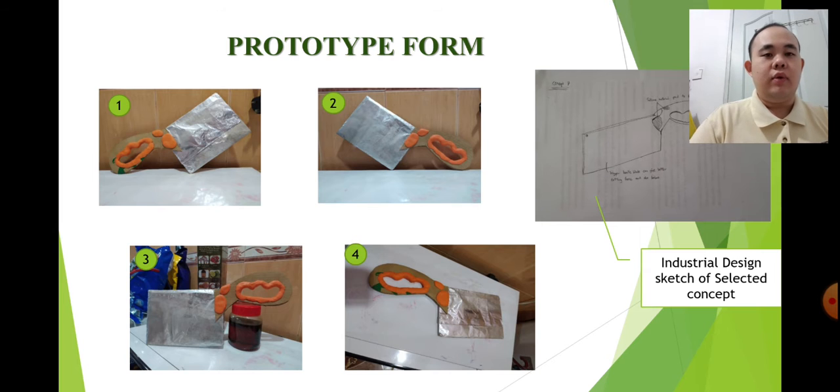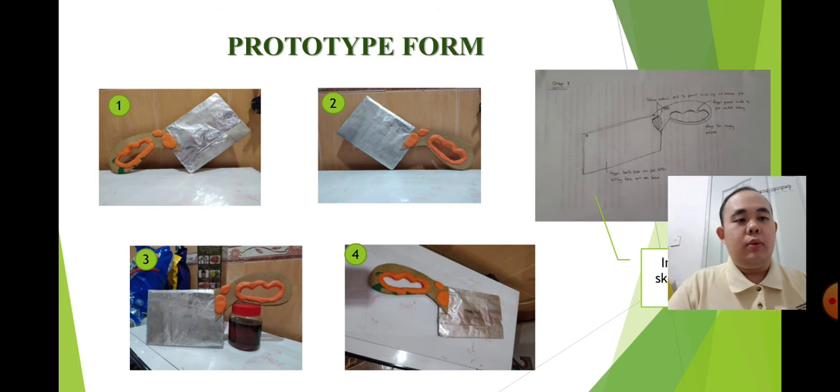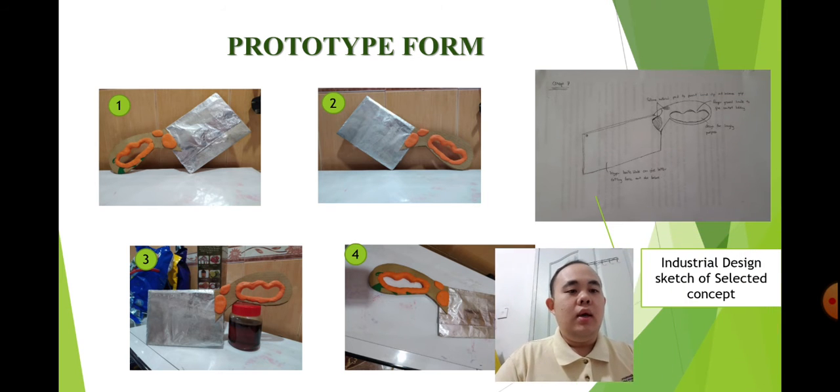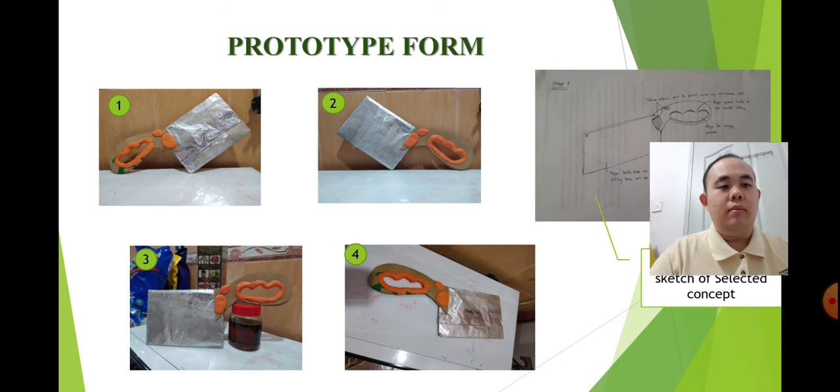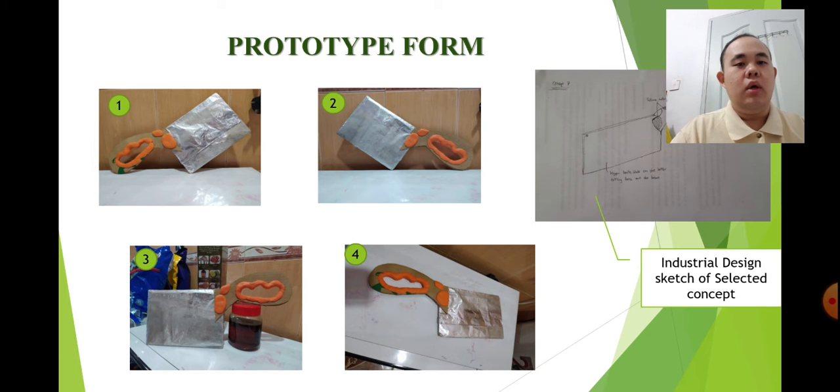This is our prototype form, as you can see at 1, 2, 3, and 4. Our prototype form is based on the industrial design sketch of our selected concept, which is concept 7. Our prototype form uses 3 materials, which are card boxes, clay, and also aluminum foil.